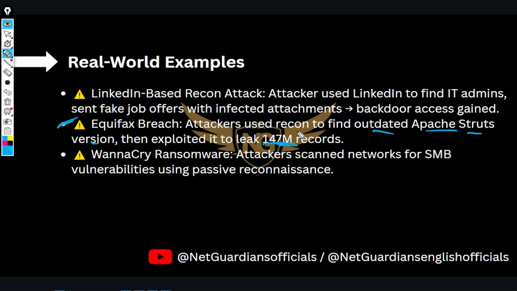Basically, attackers find an outdated Apache server which the company used before, and they forget to shut it down. I don't know why they don't shut it down if they're done with it. Hackers used that to leak the details of 147 million users.